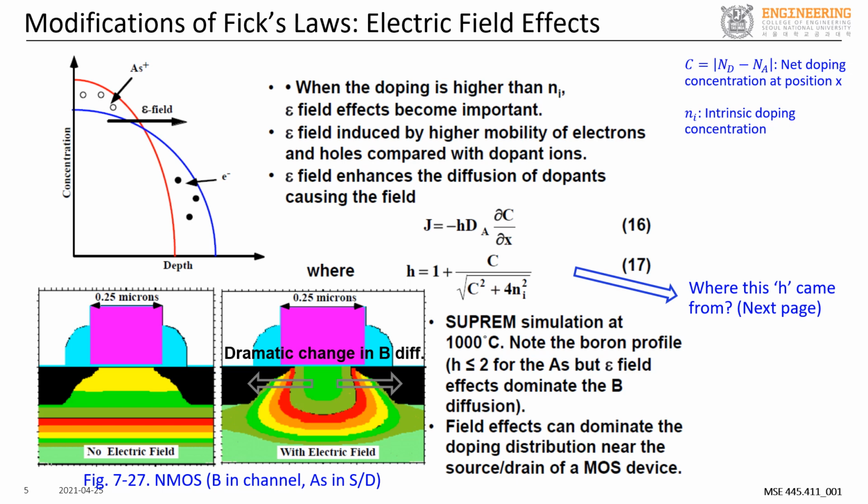So we are gonna see secondary effects, macroscopic secondary effects. The first one we want to see is electric field effects. What we typically do is, when things are doped, when there's a doping gradient, right?